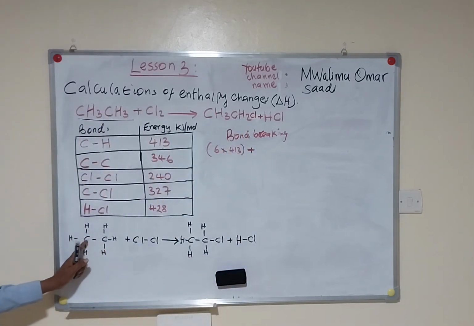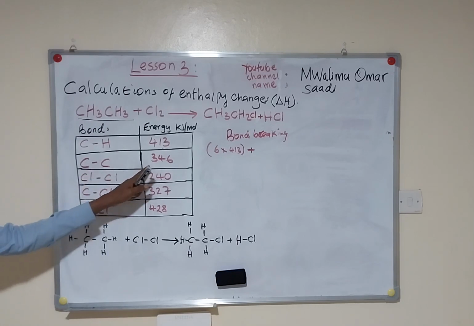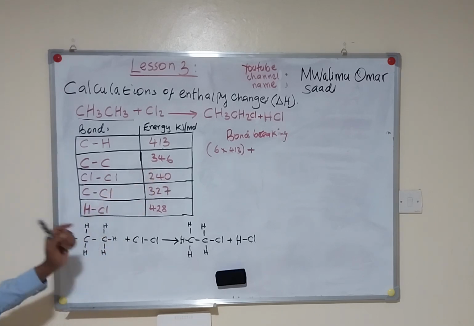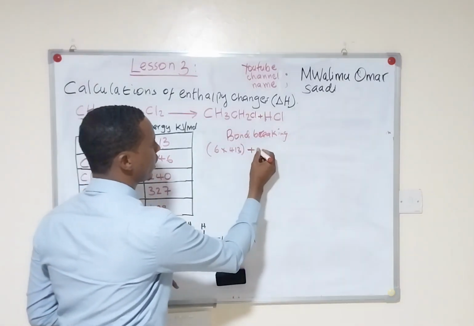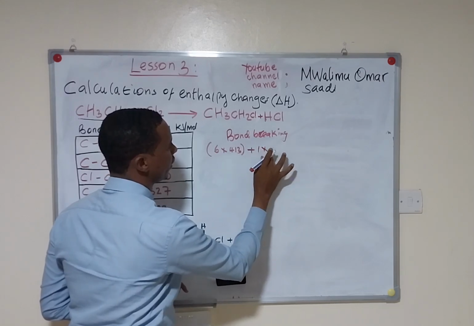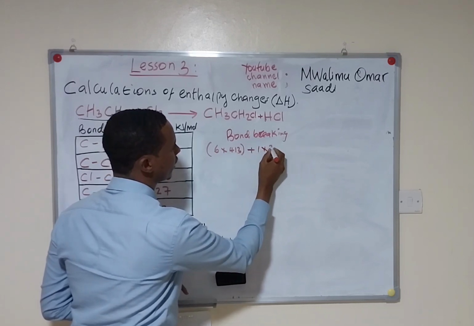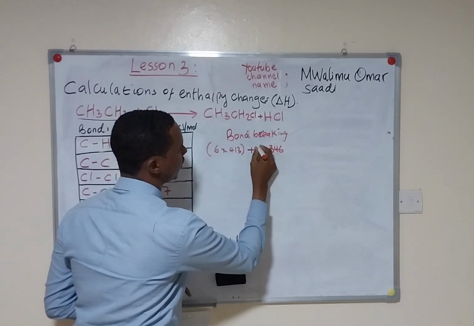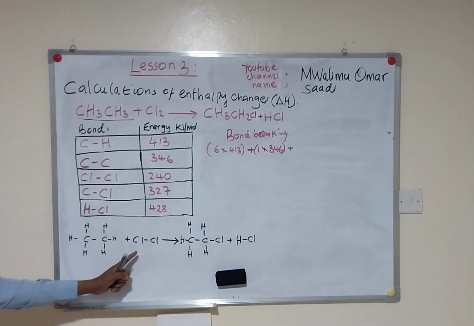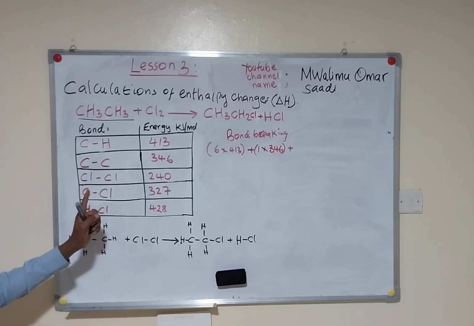Here we have the carbon-carbon bond. The bond energy is 346. We only have one carbon-carbon bond, so that is 1 times 346, plus chlorine, one of it.